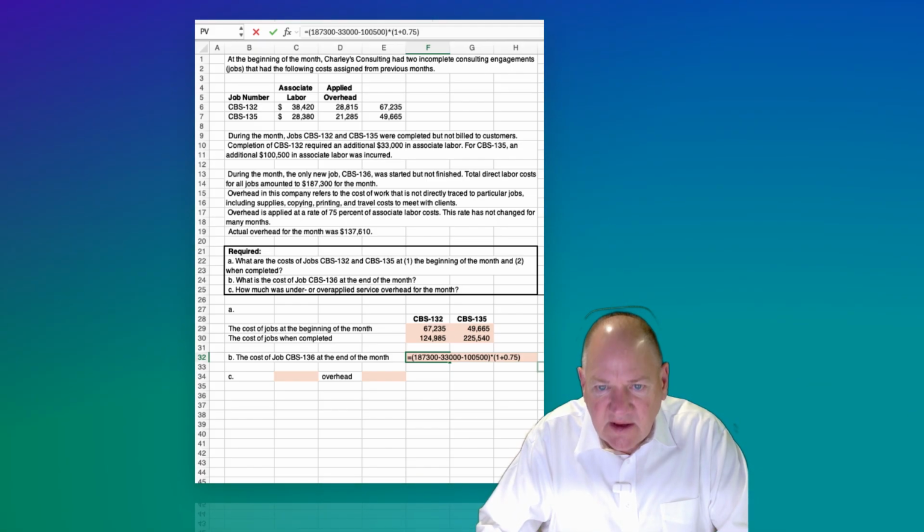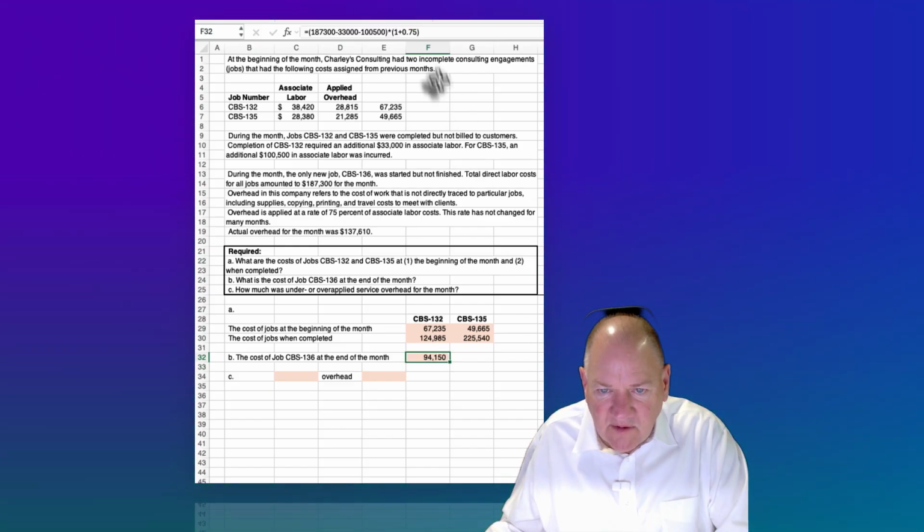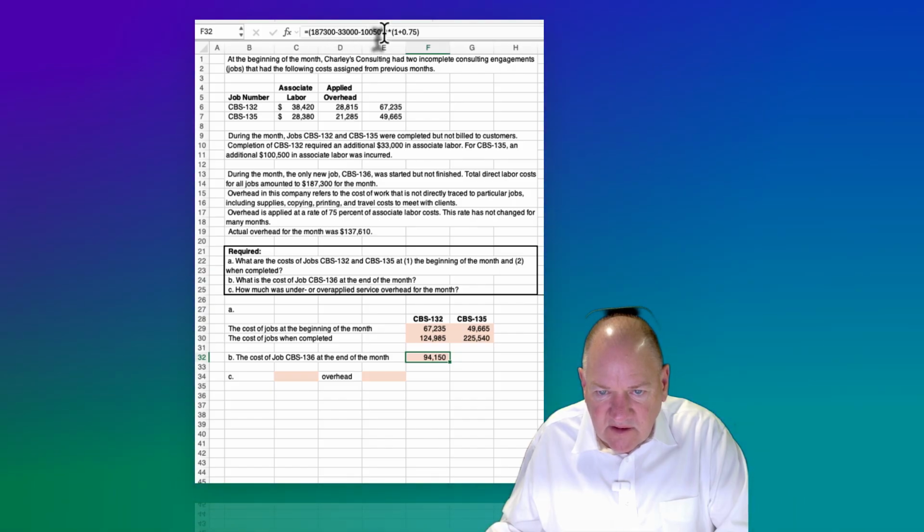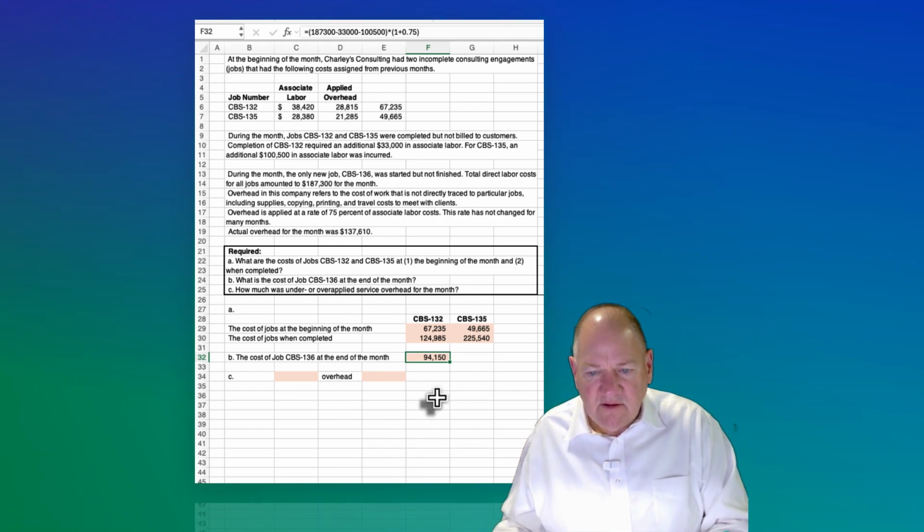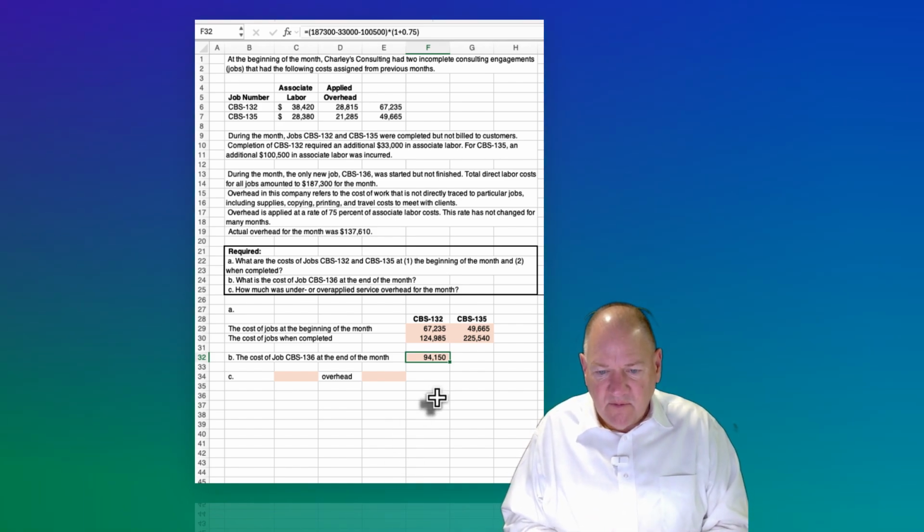I believe I can hit enter here, and let's go up and check that formula. We get the 187,300 minus the 33,000 minus the 100,500, and then we'll multiply that times 1.75. And that'll give us the total cost for job 136 during the month of $94,150.